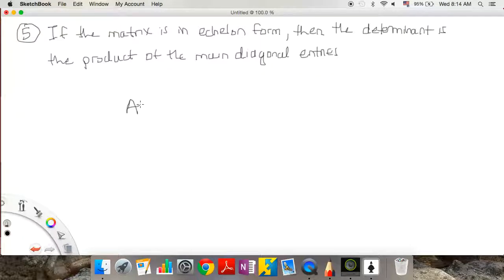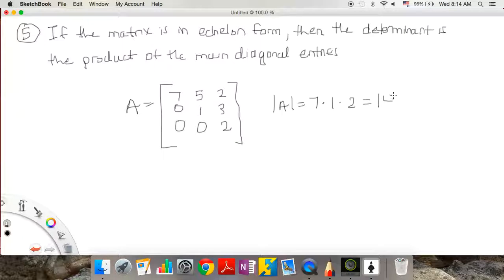So if we have A is in echelon form, so we've got zeros all below our main diagonal, then the determinant is just 7 times 1 times 2, 14. So if you got it in echelon form, again, you can use all those Gaussian elimination techniques to get there so that you can have it in echelon form, and then you'll be able to have the determinant much easier.